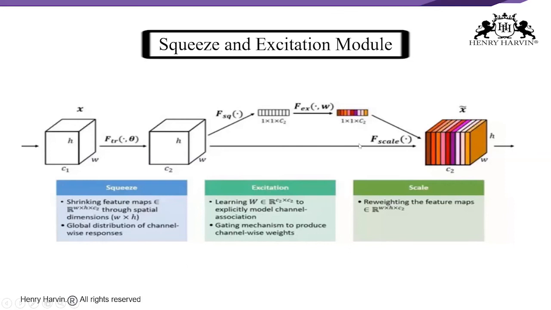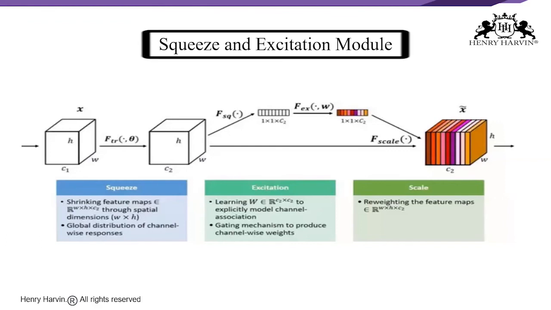If this happens to be a large number, the network must have realized that this is a very important feature map. Similarly, for another feature map, maybe this number is very low, and it could sometimes be an unimportant feature too, right? So they got an error rate of 2.251% top error on the test set, which is a 25% improvement on the winning entry of 2016.